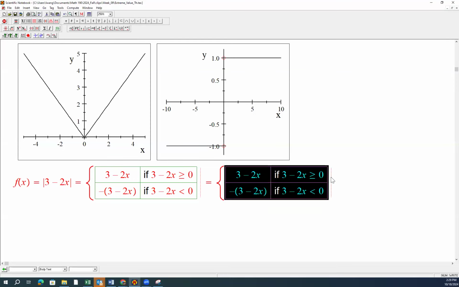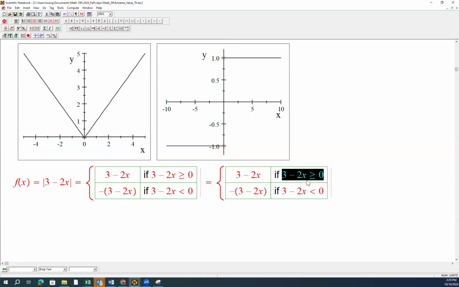So solving this inequality, we will get x, right? So how do we solve this inequality? Do we know how to solve this inequality? Let's get a piece of scratch paper and solve it. So we get 3 greater than or equal to 2x. So now x is less than or equal to 3/2, right?